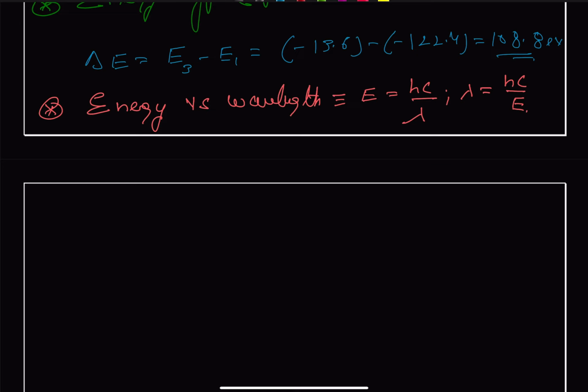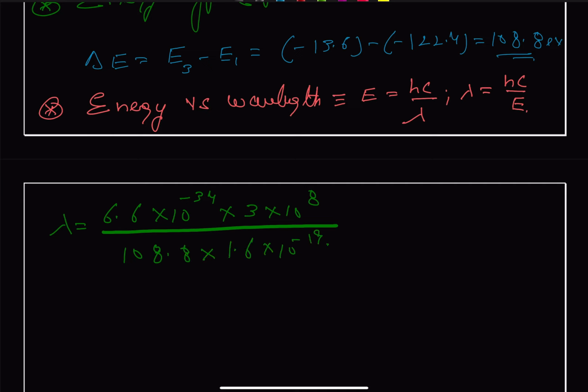We get lambda equal to h, which is 6.6 into 10 raised to power minus 34, speed of light 3 into 10 raised to power 8, and energy 108.8 multiplied by 1.6 into 10 raised to power minus 19. This gives approximately 114.2 angstrom. So this is our wavelength.